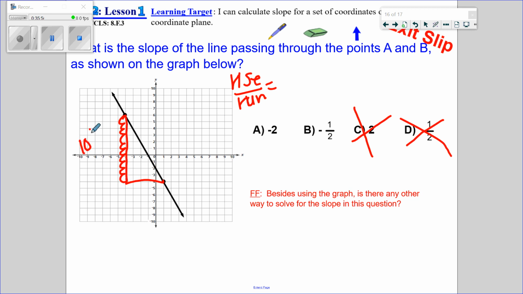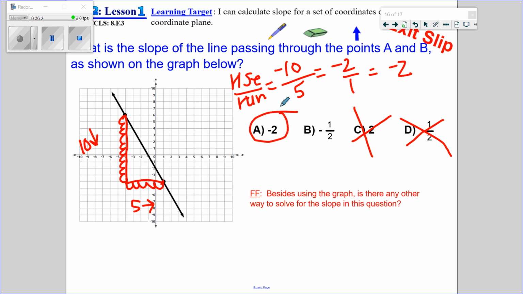My rise, I went down 10. My run, 1, 2, 3, 4, 5, I went 5 to the right. So let's fill this out. My rise, I went down 10, so it's a negative 10. I went 5 to the right. It reduces to negative 2 over 1, which equals negative 2, and it's choice A.